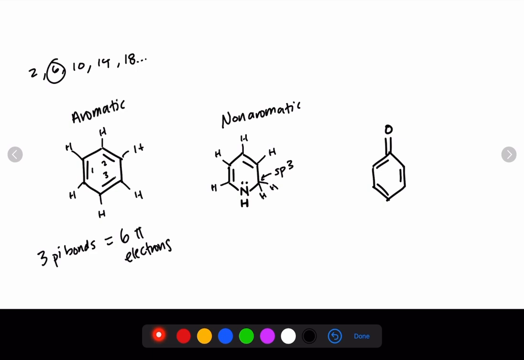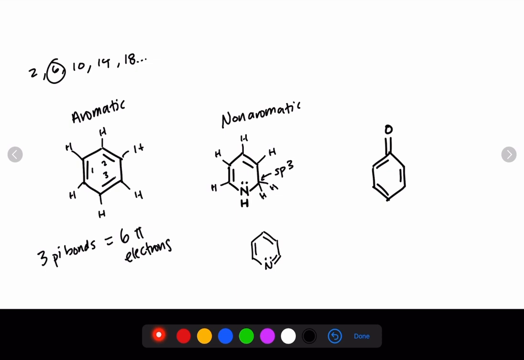What would a similar molecule look like if it was aromatic compared to that second molecule? It would be a similar ring, just with a double bond on that nitrogen. Now, let's go through our checks.